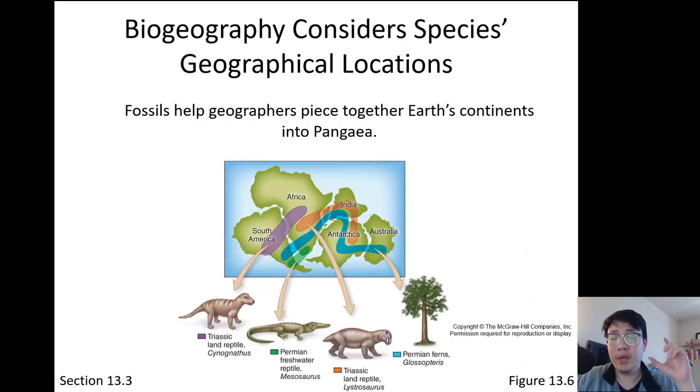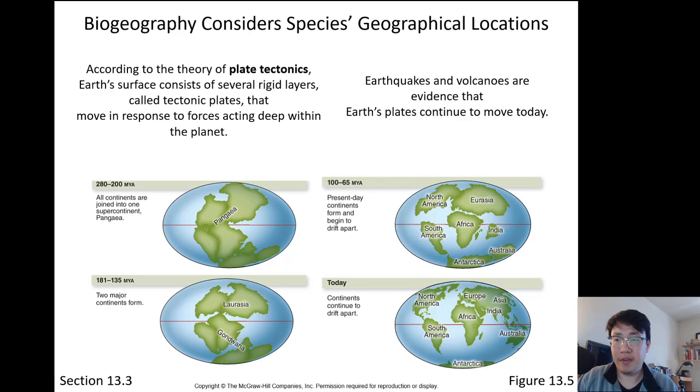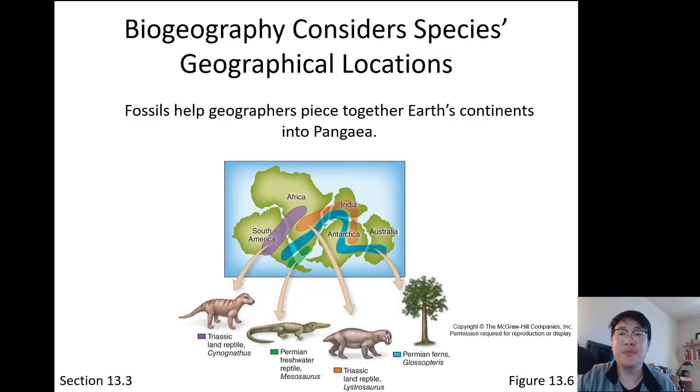The reason we theorize that we lived on a supercontinent called Pangaea is because fossils were found throughout these continents. Even though today they're completely separated, we're able to find fossils of this Triassic land reptile in South America and Africa, as well as Lystrosaurus, another land reptile, in Africa, India, and Antarctica.